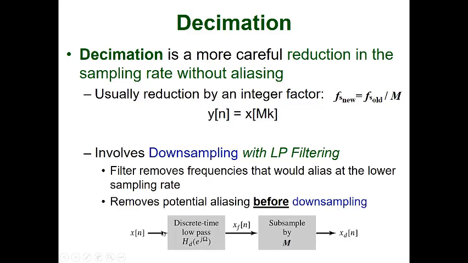That means we've got to put a low pass filter before the downsampling process. In this case, we're not talking about an analog filter. This is a digital, discrete time filter, because we've already got a sampled signal. So we'll run that sampled signal through a digital low pass filter that band limits it to 1/2 the new sampling rate. Then we do the downsampling of the signal to the new sampling rate.